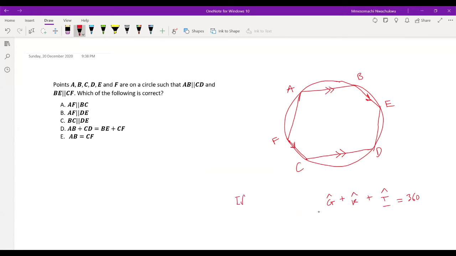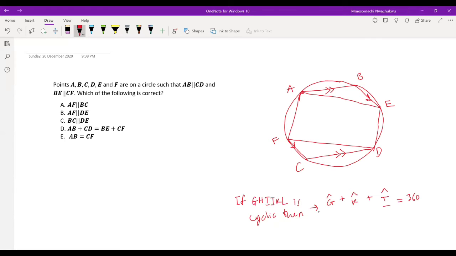So I'll just write here, if G, H, I, J, K, L is cyclic, then this. Now looking at these two triangles.